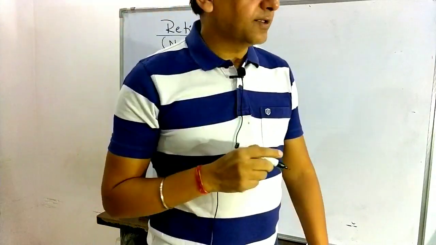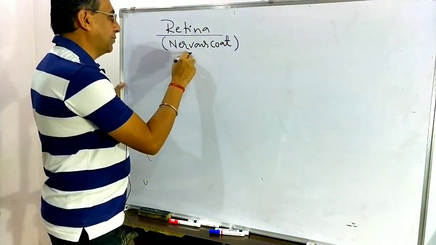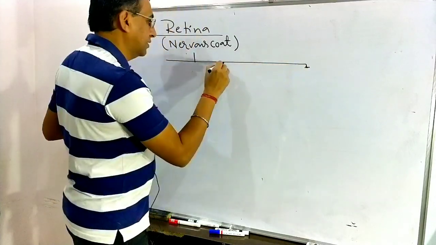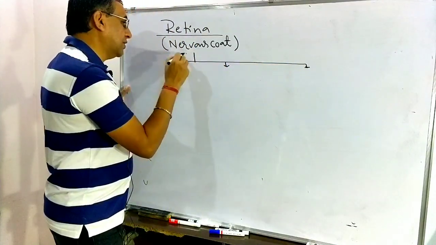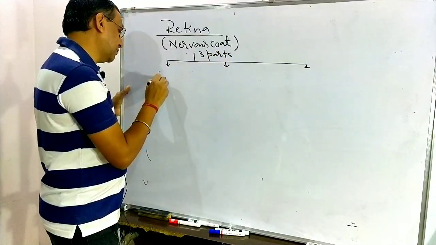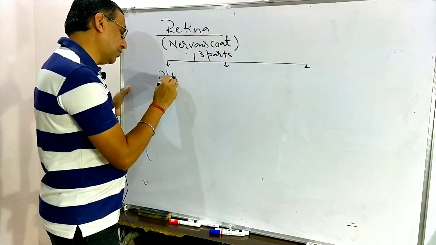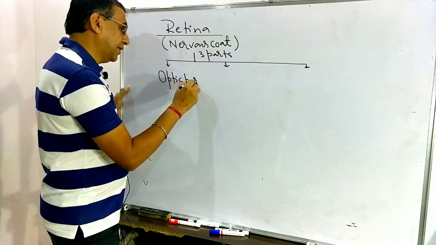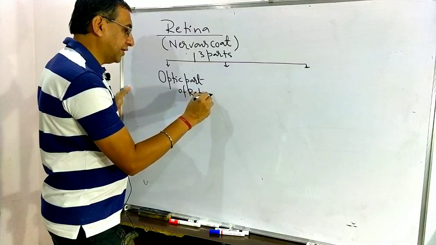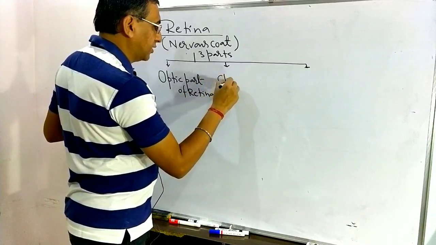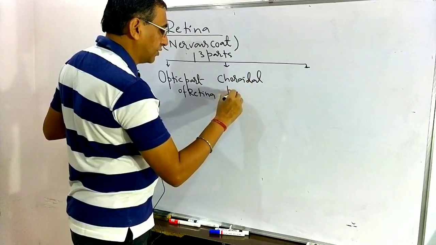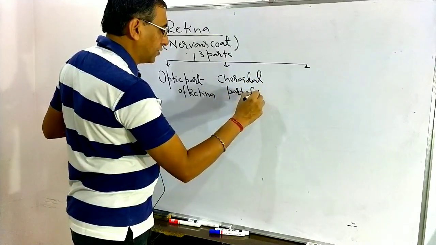The retina consists of three parts. First, the optic part of the retina. Second, the choroidal part of the retina.